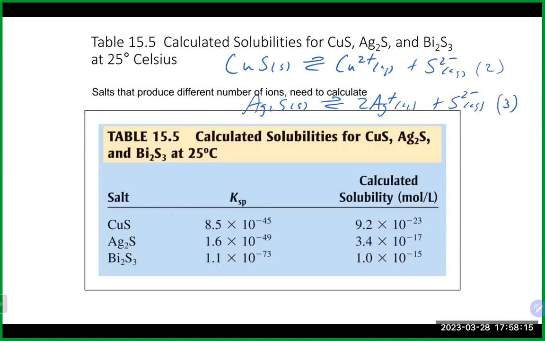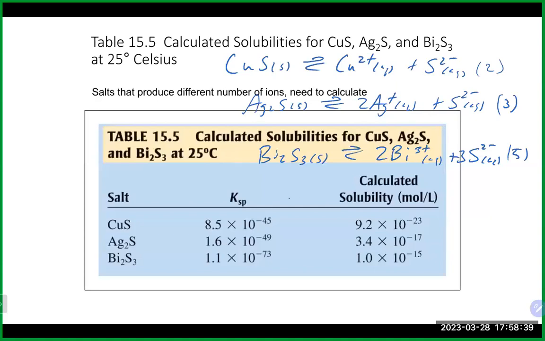And lastly here we have our Bi2S3, which would break apart into a couple of bismuths and a few sulfurs. It's like 5 ions. So in this case, they do not all break apart into the same number of ions.